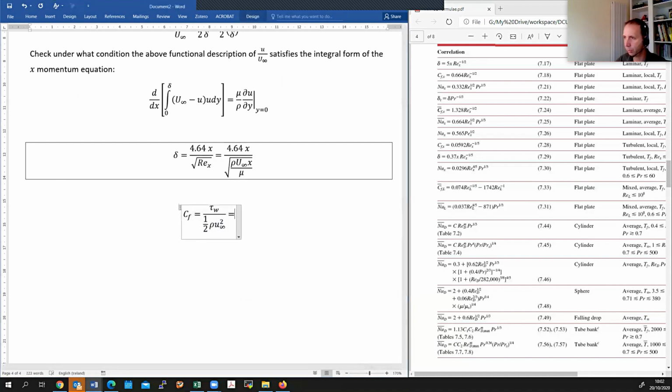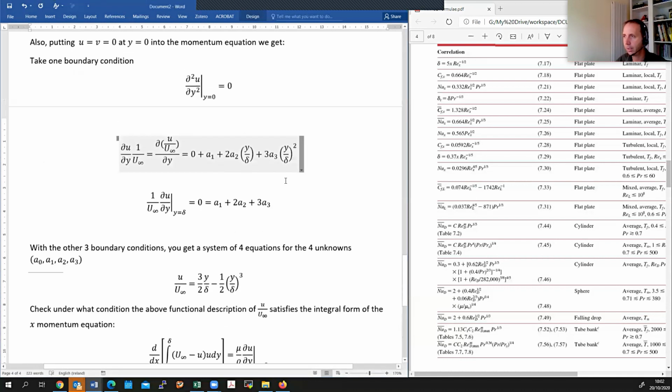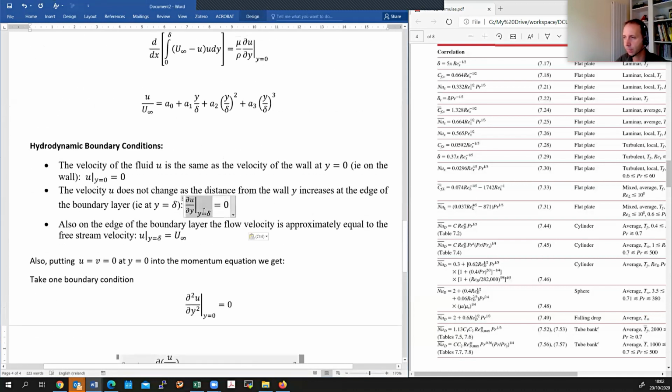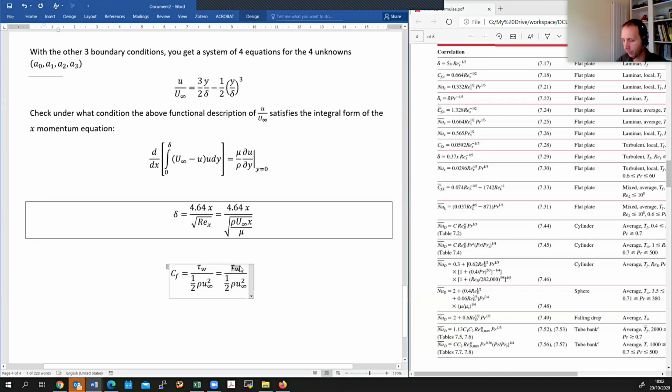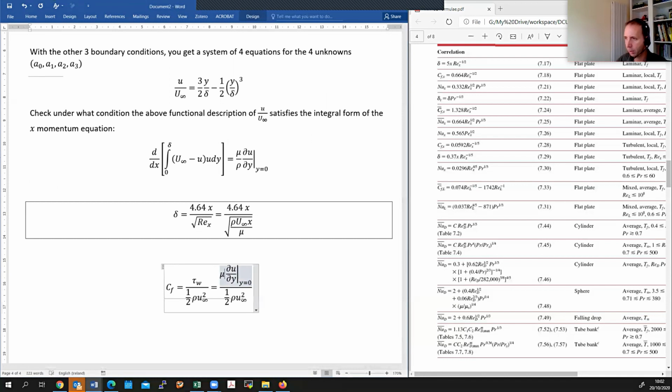Now we also know how to calculate in this two-dimensional problem the shear stress at the wall. It's actually equal to something very similar, so that's why I'm copying and pasting, at y equals 0, because we're looking for the shear stress at the wall. And we mustn't forget to add the dynamic viscosity.